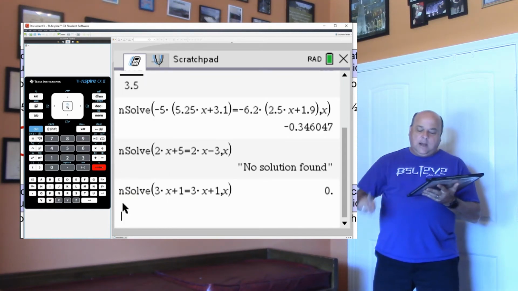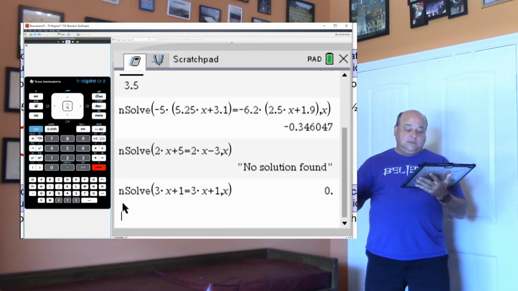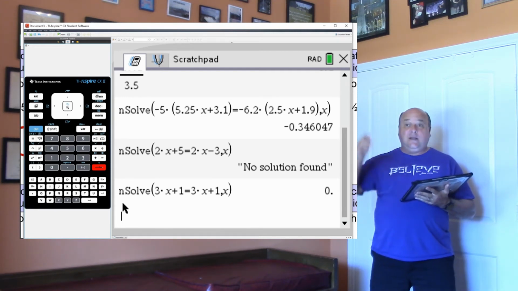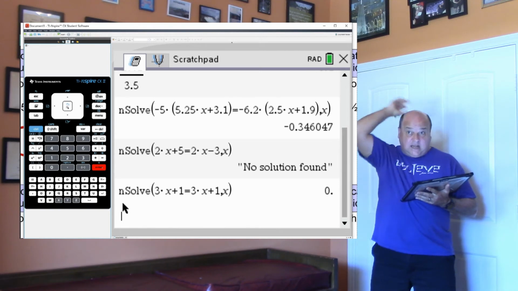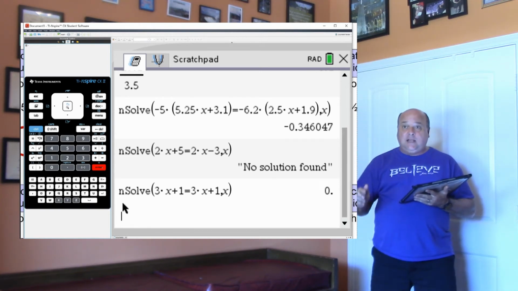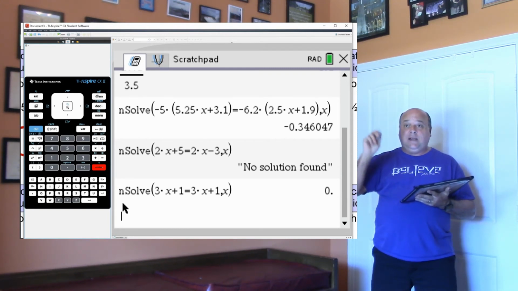Then hit enter, and bam, I get 0. And now then, 0 is not the answer, is it? Because the x's canceled out, okay? That 0 would not be the answer. It would be infinitely many solutions. So make sure you do not make that error on the test, okay?